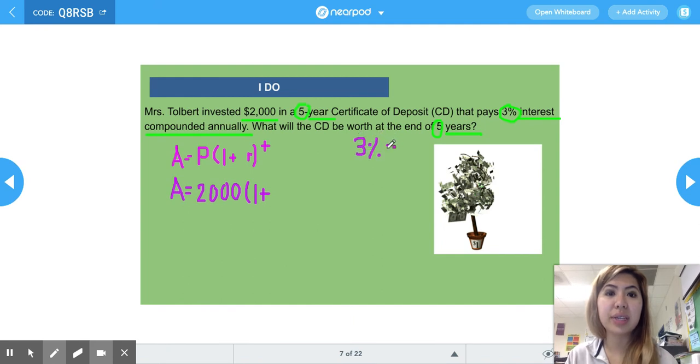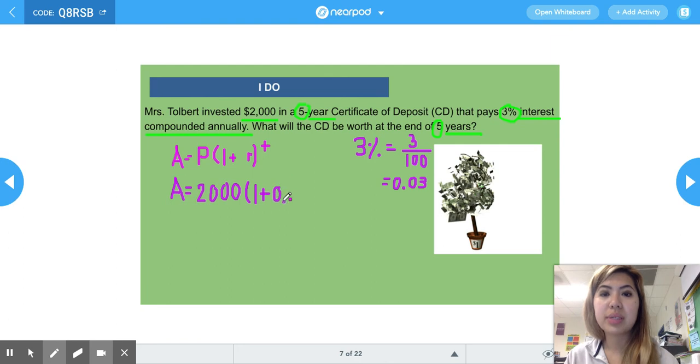We actually have to turn this into a decimal. Remember that percents are always out of 100, so 3% is the same thing as 3 out of 100, or 3 divided by 100. If you calculate this, you will get 0.03. The shorthand way is just to move your decimal point from behind the 3 two places to the left.